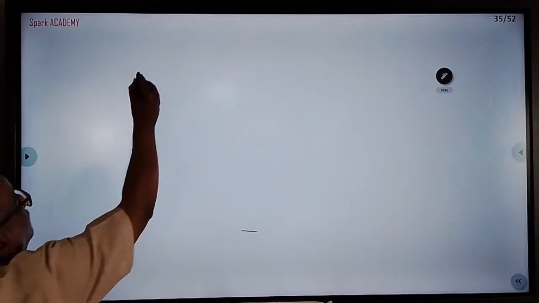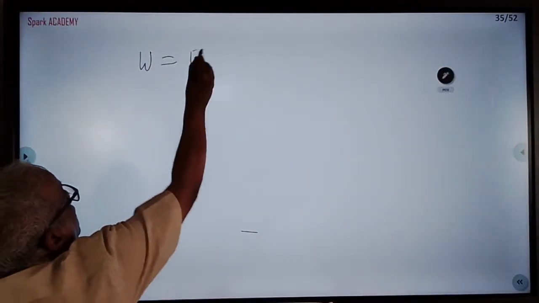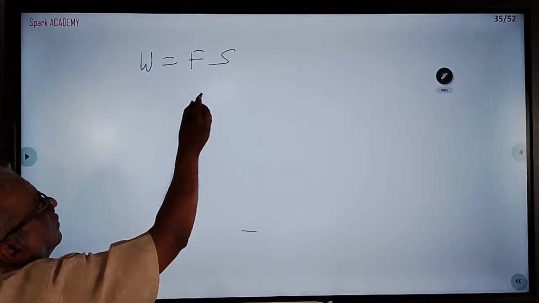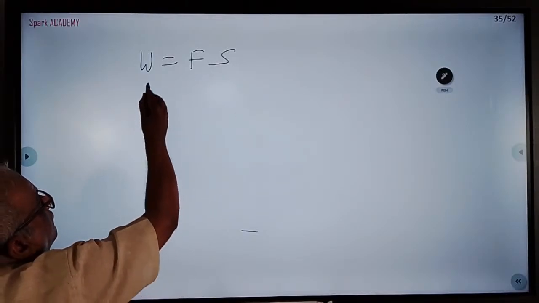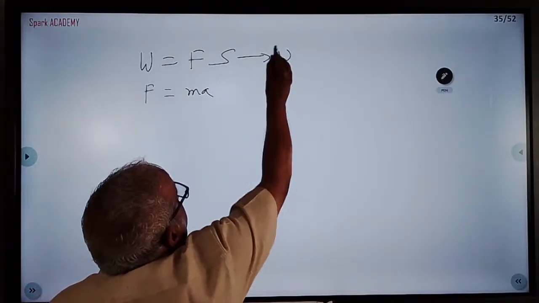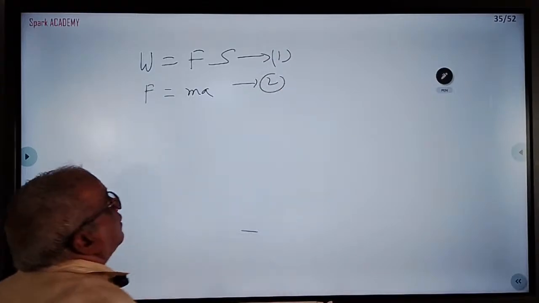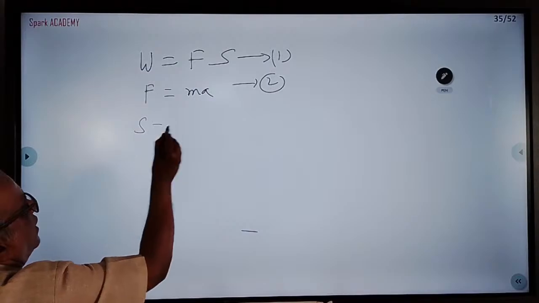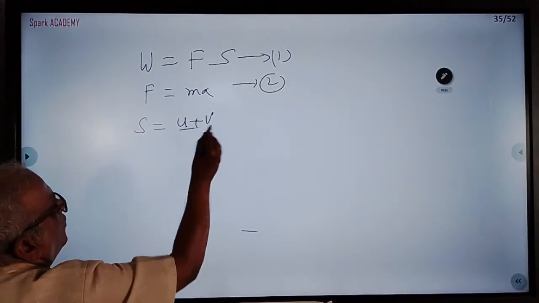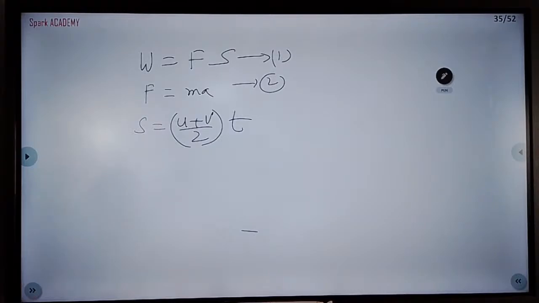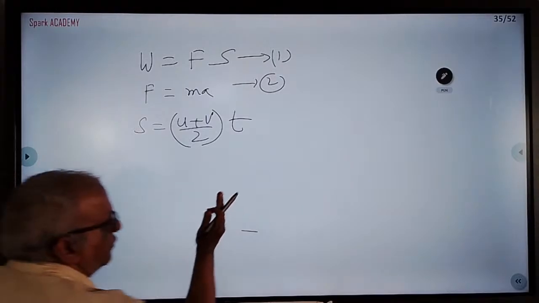What is the basic formula for work done? Work done is Fs, because theta is 0 degrees here. Then F is given by the formula ma, Newton's second law. Distance traveled is average velocity, (u plus v)/2, into t, when it is moving with uniform acceleration.